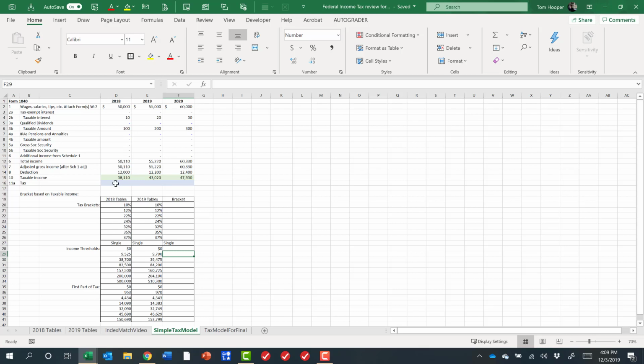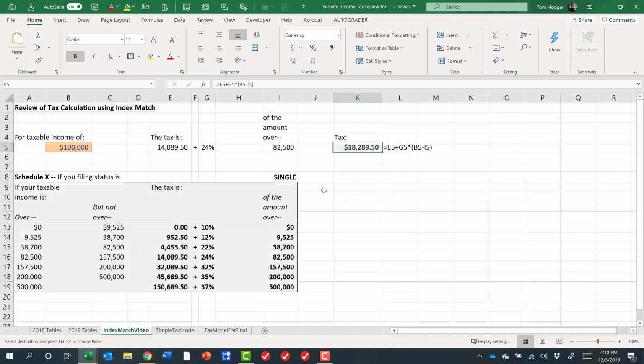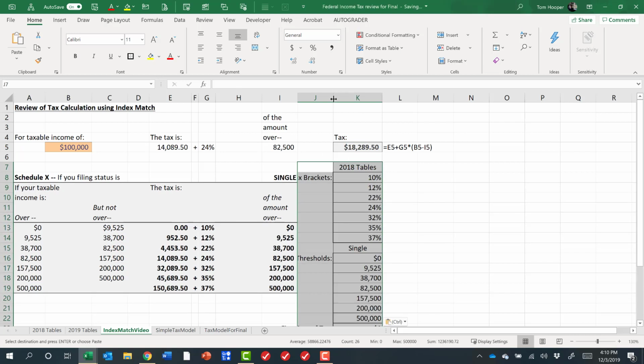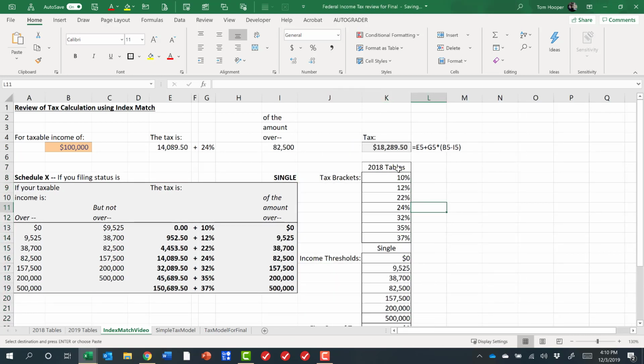Again, the challenge is to get this tax calculation, which we just did, looking at things only in one column. And so I'm going to copy this because I like the format of that. And I'm going to paste it right here, widen that.